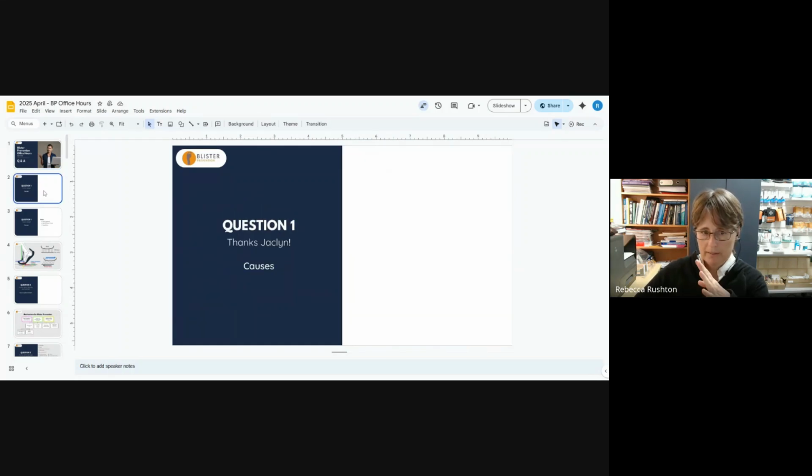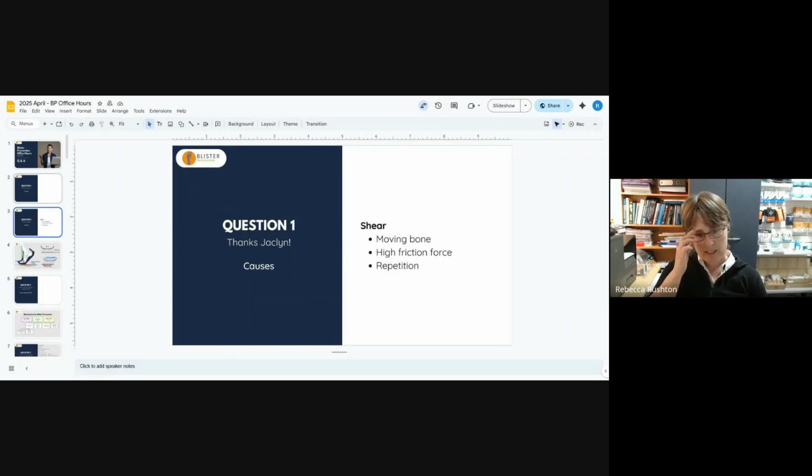It's a full Q&A today, so we've got 16 questions. Now, Jacqueline asks about the causes of blisters. Well, this one's pretty easy. Friction blisters of the feet are caused by shear. What's shear? Shear is the stretching and distortion of soft tissues, and it happens because of moving bones in the presence of high friction force.